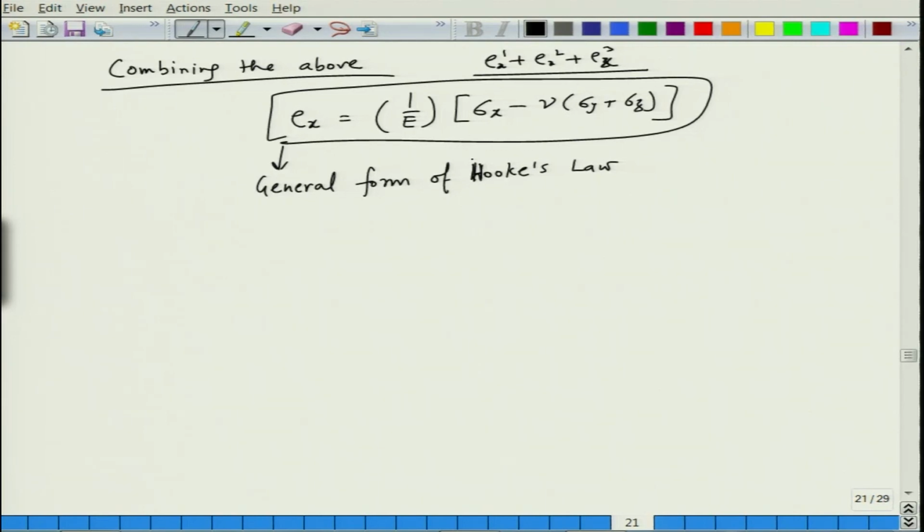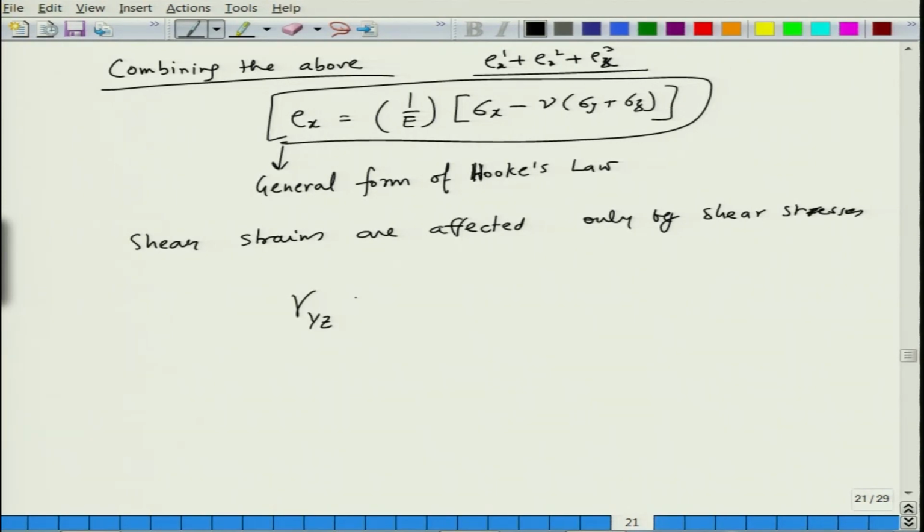All right. And since shear strains are affected only by shear stresses, we can write gamma yz equal to tau yz divided by G, which is nothing but 2 Eyz.